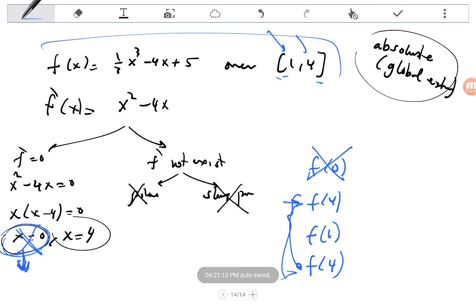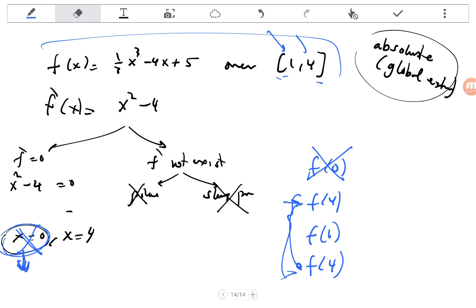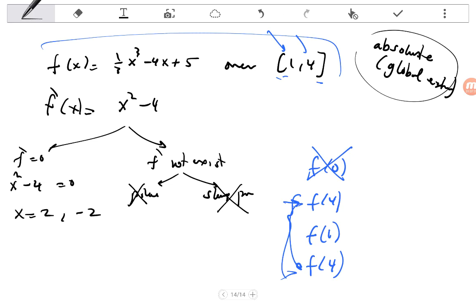There's something wrong here. Yes, this is 4 only, so x squared will be equal to 4, and x will be 2 or negative 2. Now here I will reject the negative 2. It is out of my domain. Okay, I'll take the 2. So the only critical point is 2, and the boundaries will be 1 and 4.